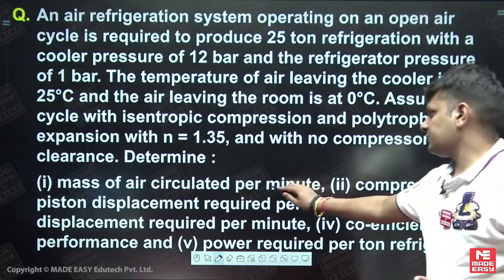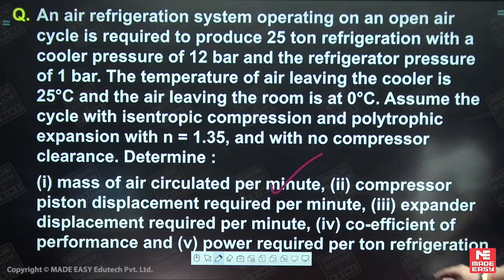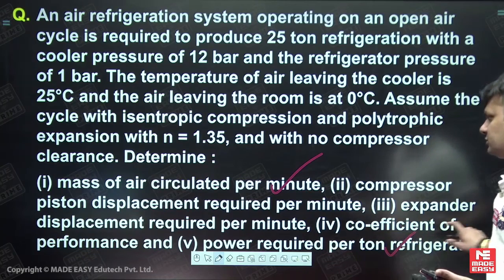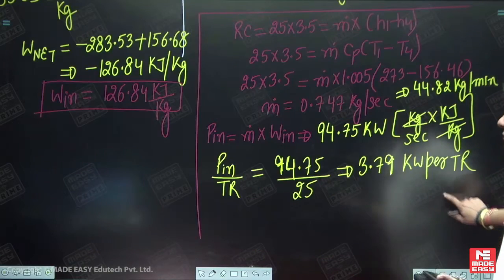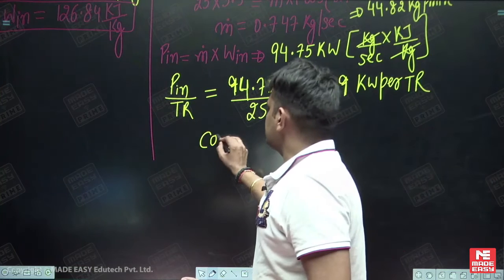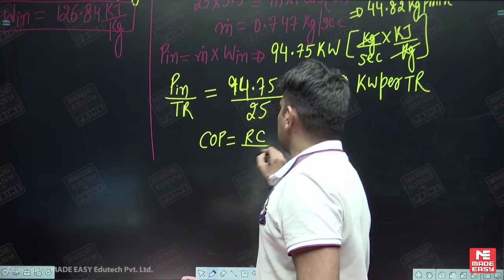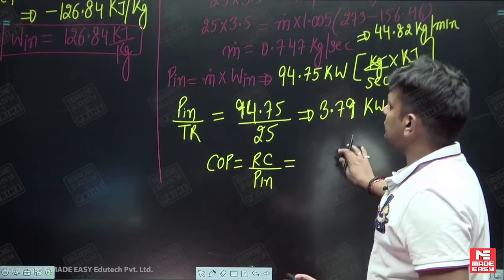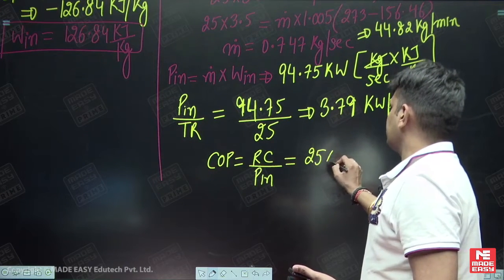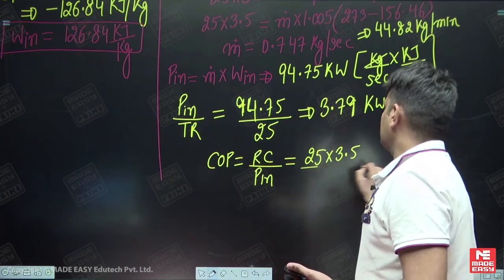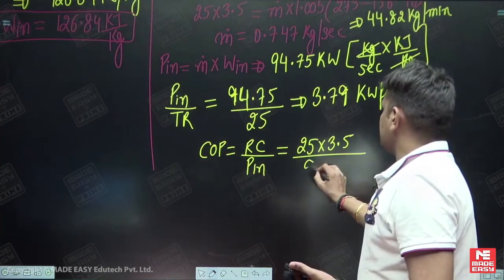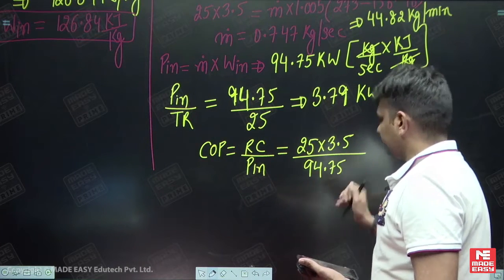So now this part is calculated, the power per ton of refrigeration. Now you can find out the COP easily. How? COP is equal to RC upon power input, simple thing. RC is given as 25 tons, so 25 into 3.5 upon the power input, which is given as 94.75.